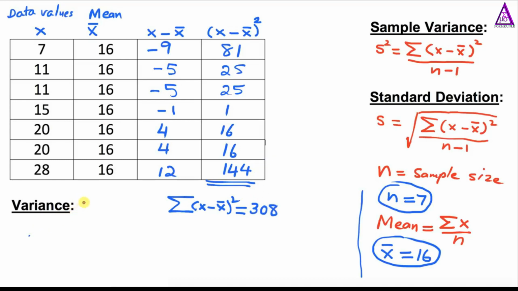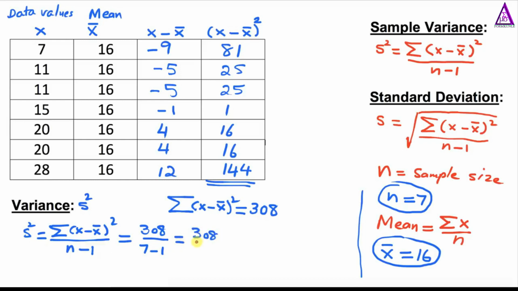The sample variance is represented by s squared, and putting the formula down, we have 308 divided by 7 minus 1, which is equal to 308 divided by 6. This gives us 51.333. And that is our variance.